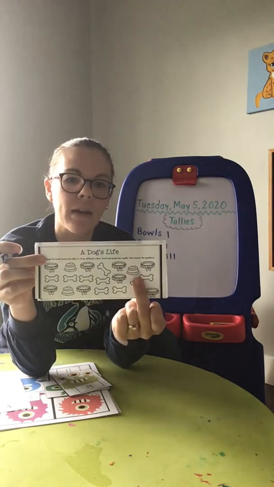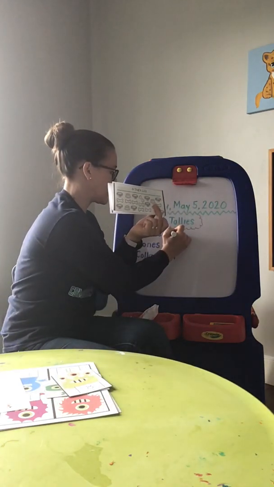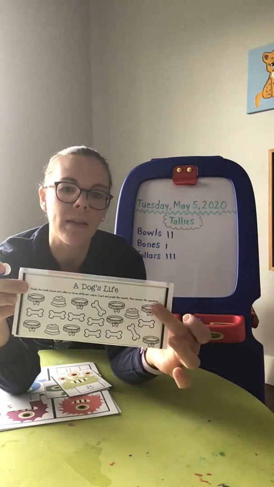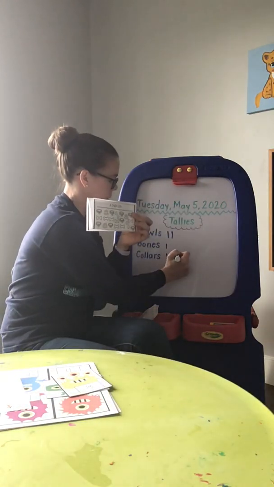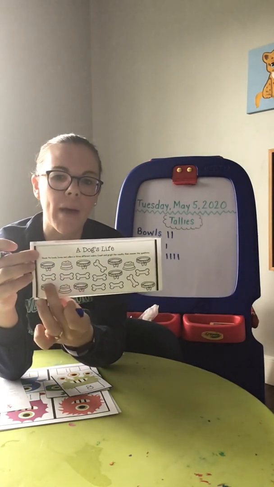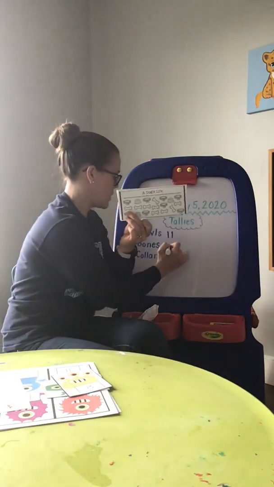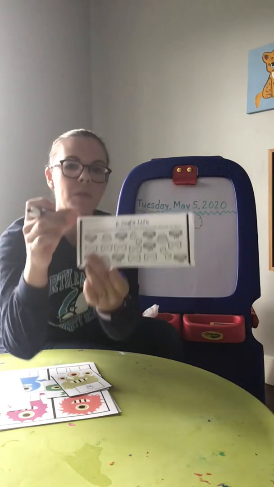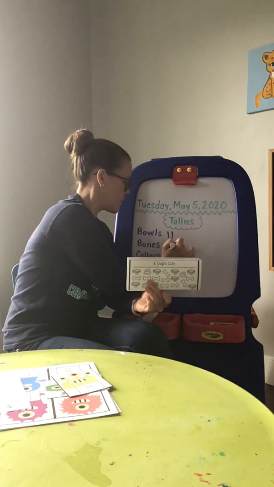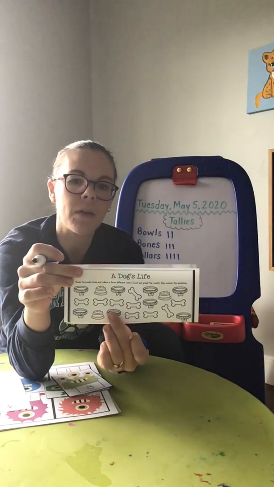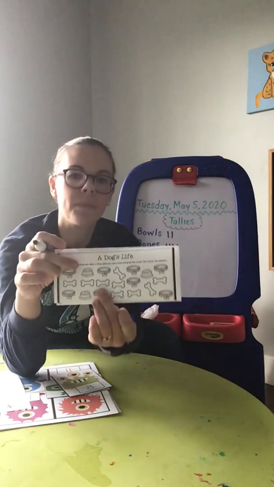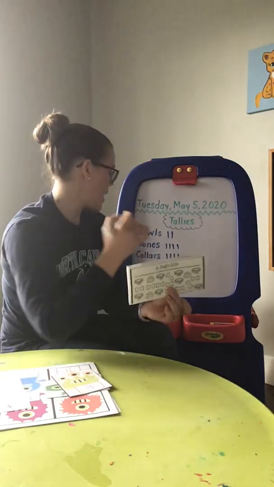Then I would look at a bowl and put a tally next to the bowl. And then I look at a collar. And then I would go to my second row. I have a bone. Go to the next one, another bone. Go to the next one, another bone. Go to the next one, another bone.